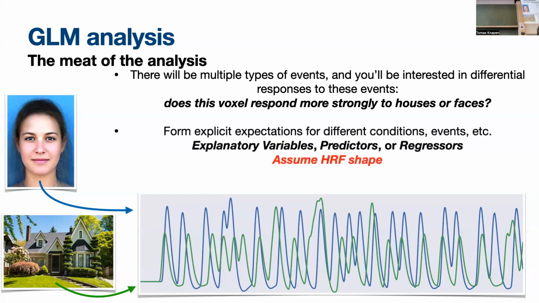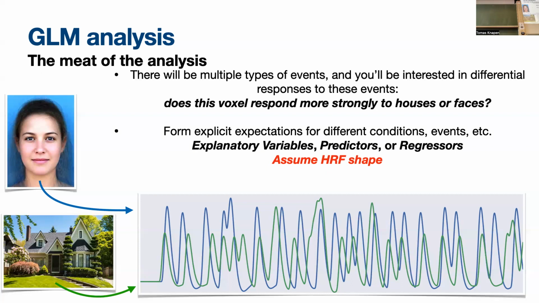Now, it's important to realize here that we are very explicitly creating predicted time courses. Right? We are assuming the HRF shape and then creating what in different contexts are called explanatory variables, predictors, or regressors.